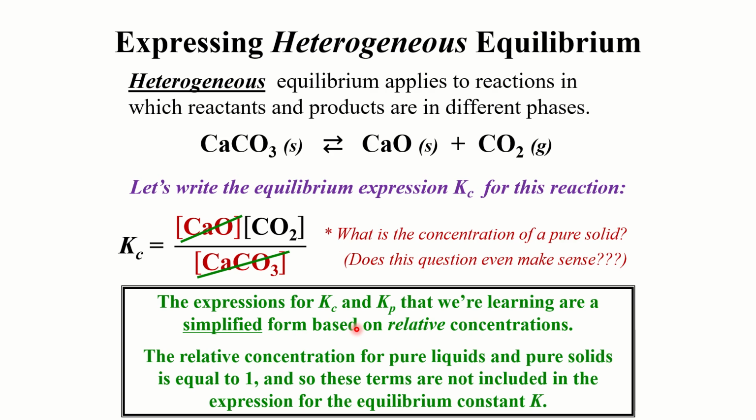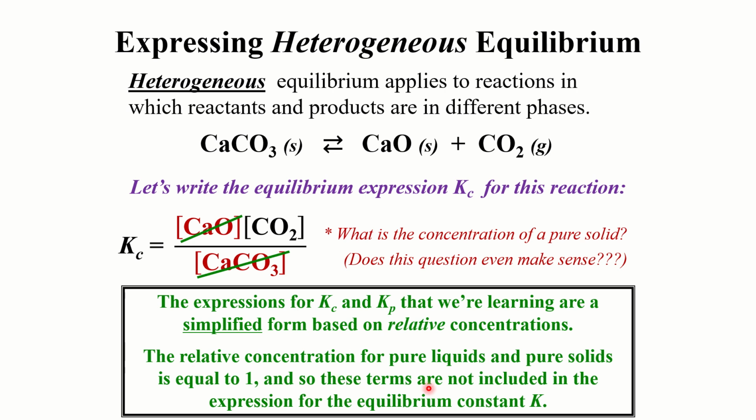So solids don't really have concentrations, or to be more clear, we can define the relative concentration for pure liquids and pure solids as being equal to 1. Because they occupy the full space, so to speak, if you get the analogy I'm trying to draw here, the relative concentrations for pure liquids and pure solids is simply equal to 1.